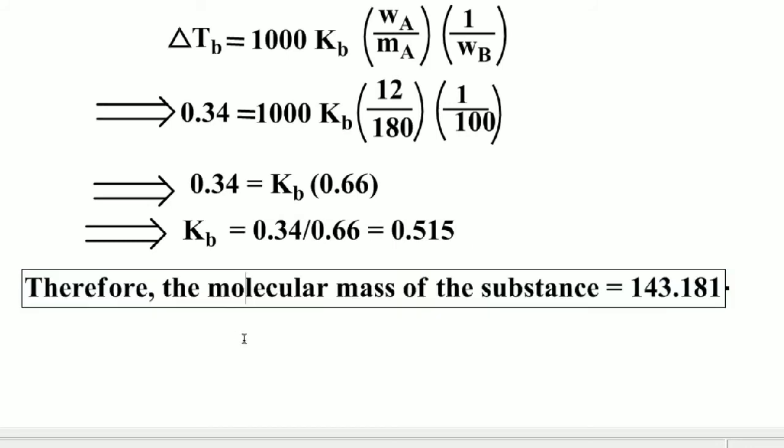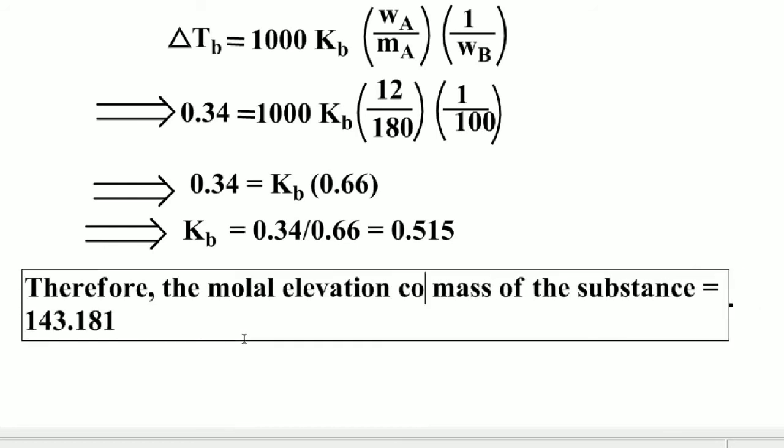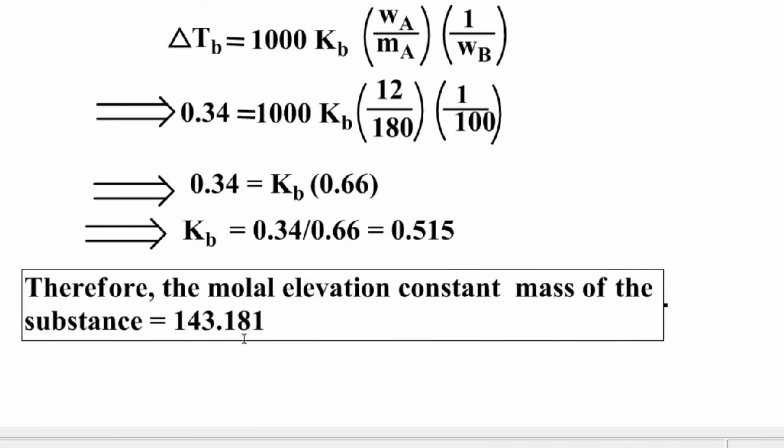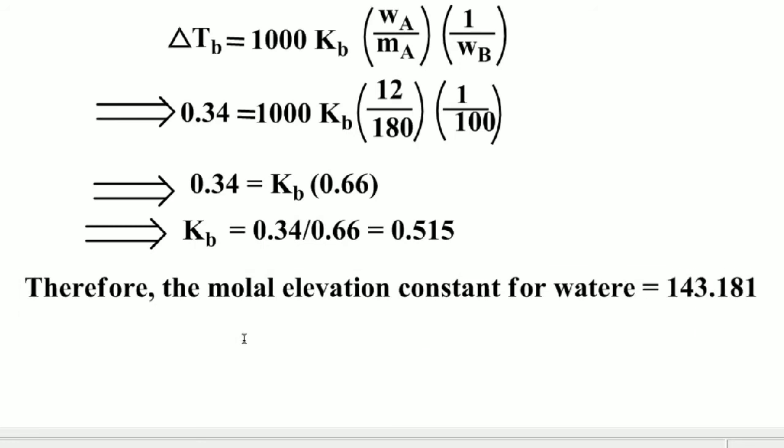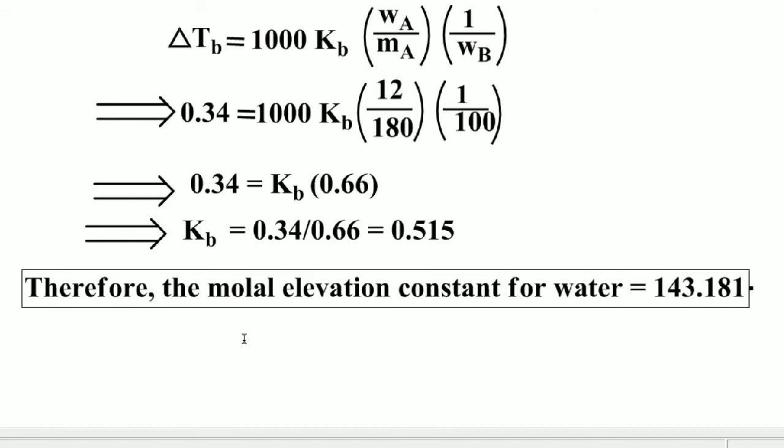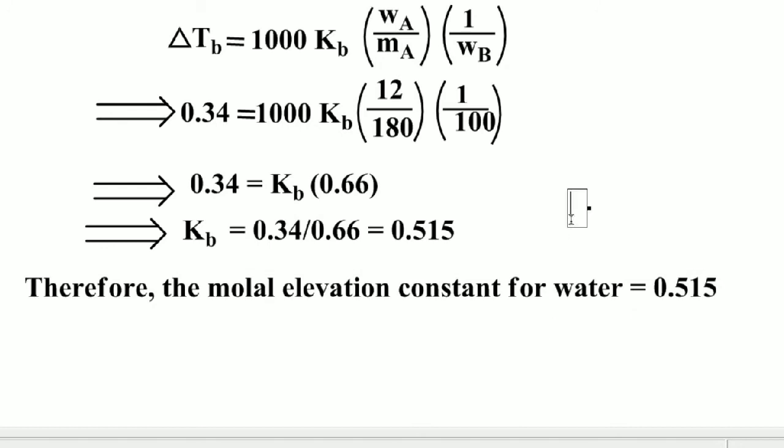Therefore, the molal elevation constant for water, that is kb, we can calculate as 0.515. 0.515 is the molal elevation constant for water for the given problem. I hope students you understood this problem.